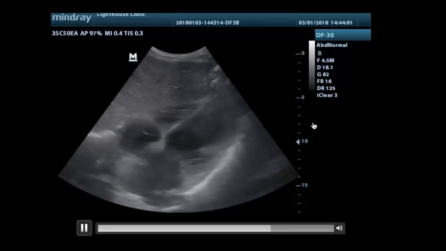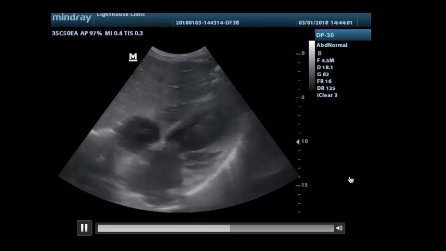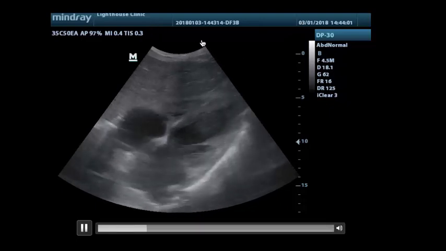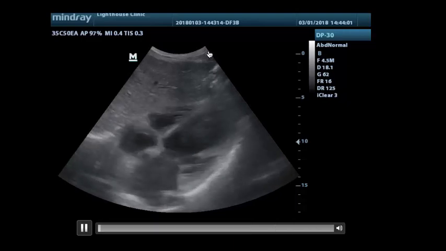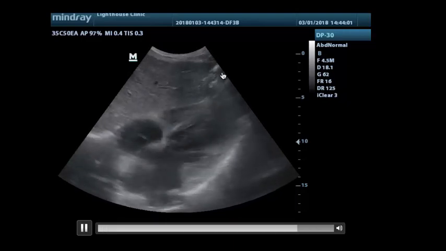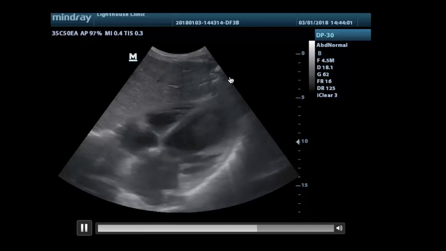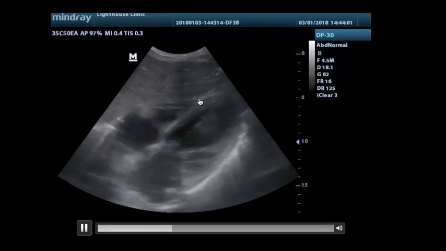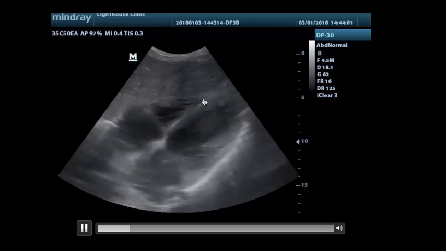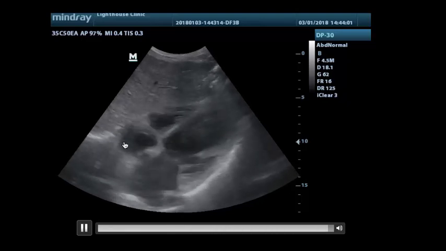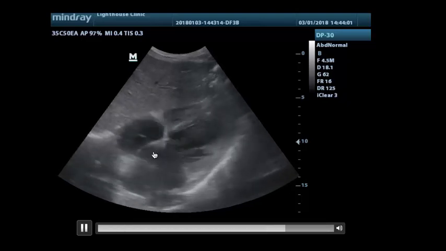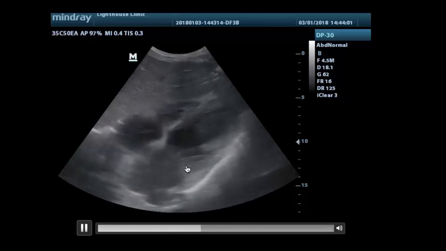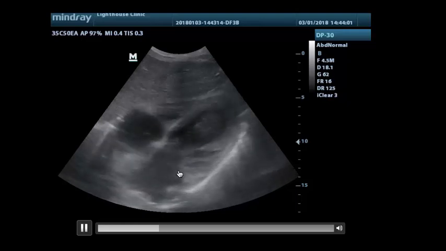So this clip again, this is a normal heart, and again we have the transducer tilted to look upwards, and it passes through the liver, which serves as an acoustic window. Then we have the triangular-shaped right ventricle, the roundish right atrium, and then the egg-shaped left ventricle, and again the roundish left atrium.